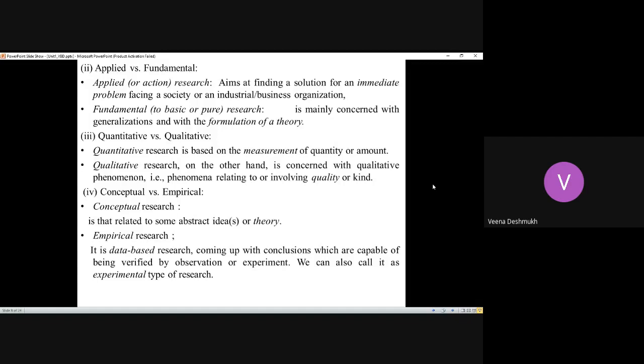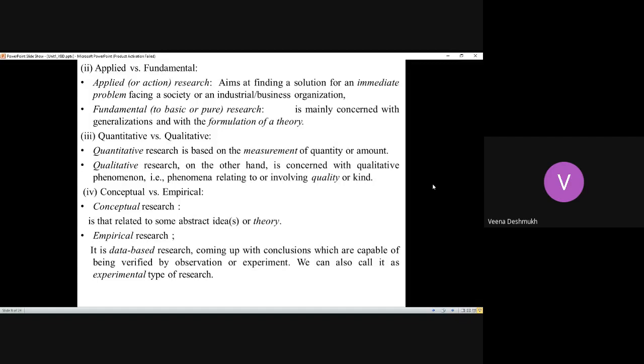Now if I want to put some tile in a room or in a particular hall, I apply this concept and then use it. So the concept is basically the area of this. So conceptual research is basically working on the concepts or abstract ideas, finding out what this abstract idea is and where it can be employed later. So when you are working on the basic idea, that is conceptual research.